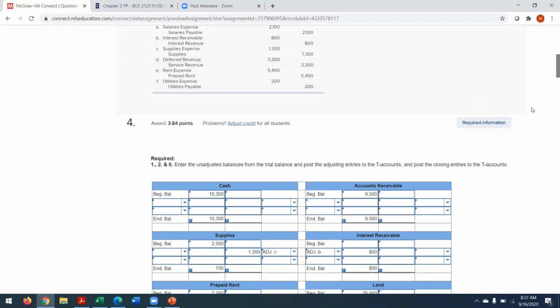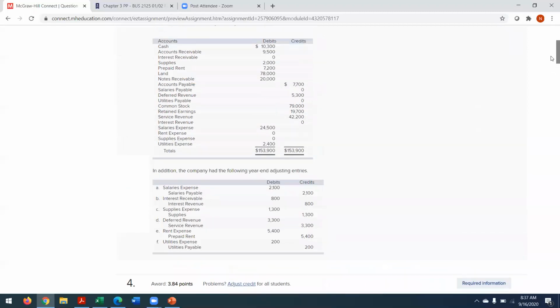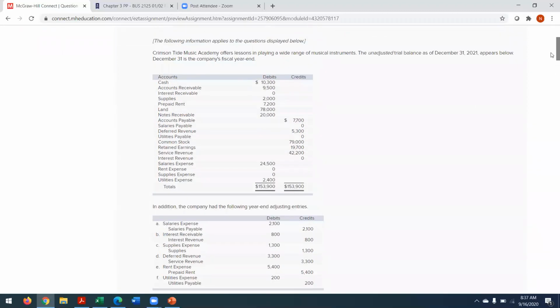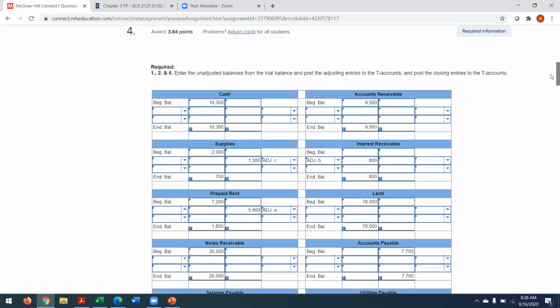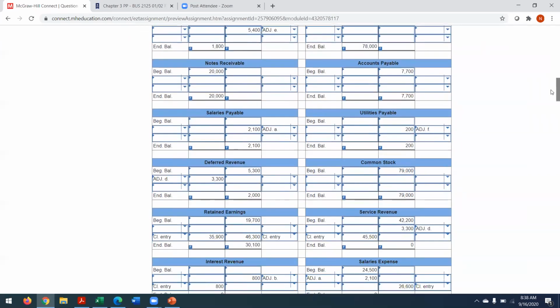So what you're supposed to do here is take these balances and apply them appropriately to each account. So if it says common stock of 79,000, we will go over here to our common stock beginning balance, 79,000 credit.